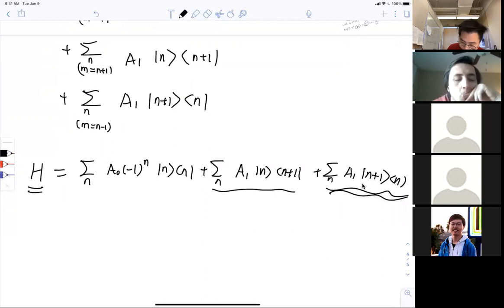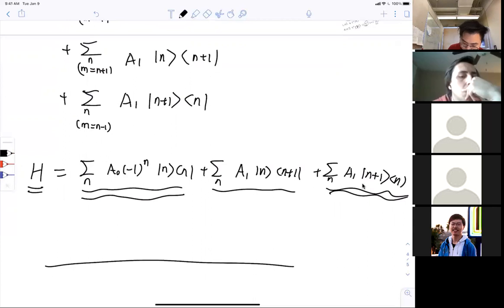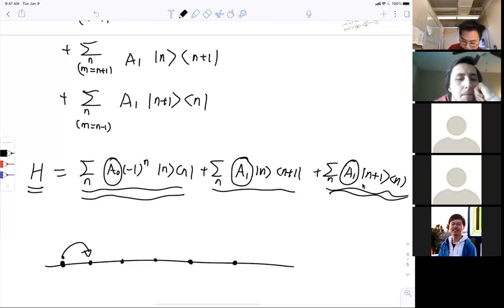And the physical meaning is also clear. The first term describes the on-site potential. Basically, I have some sites, and this a0 tells us how much energy I need to pay to put a particle on some site. And this a1 tells us the amplitude for the particle to hop from one site to the nearest neighbor site.